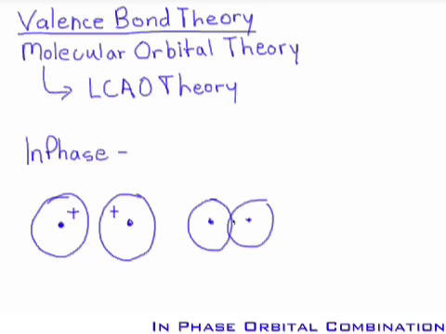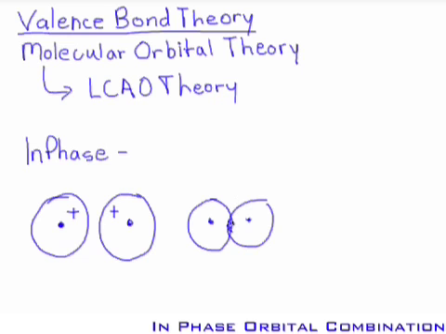What happens where they overlap? Well, what is this orbital? This orbital, this square of the wave function, is the probability of finding the electron. If you enhance that, what are you enhancing? You're enhancing the probability of finding an electron. What's that mean? Where there's overlap, there's a greater probability of finding an electron.